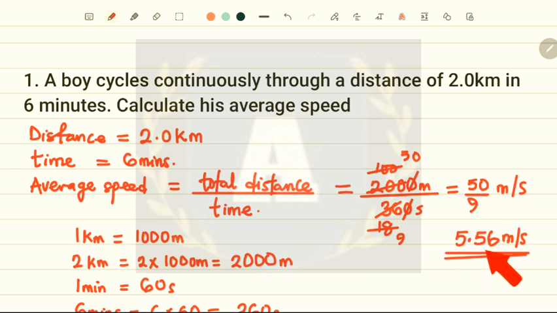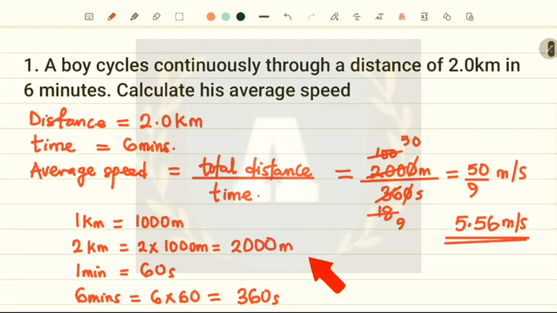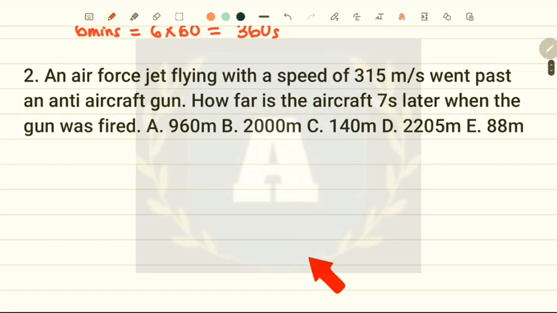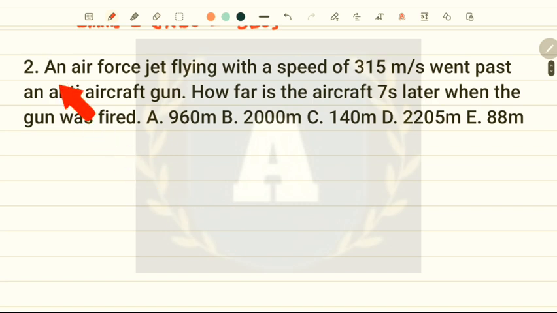You unravel the question. So that was the first question, and then we have the second question, which says an Air Force jet flying with a speed of 315 meters per second went past an anti-aircraft gun. How far is the aircraft 7 seconds later when the gun was fired?